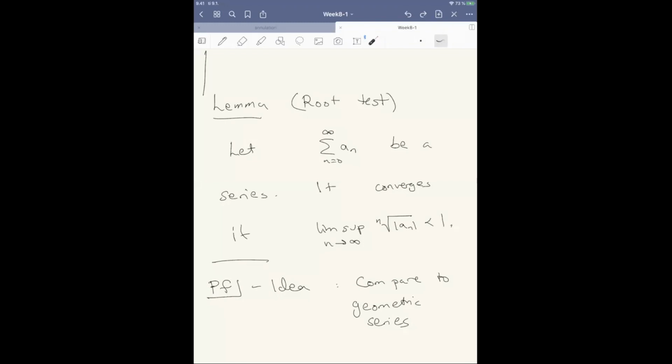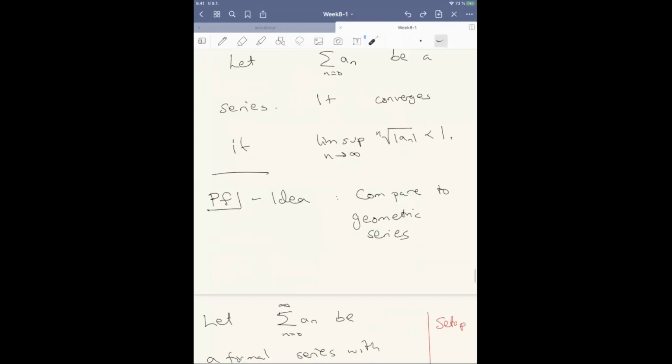Well, if we have that the absolute value of a_n to the 1/n is less than or equal to some b, then when you raise this to the power n, what you get is that the absolute value of a_n is less than or equal to b to the n. And this is the geometric series. So really this root test is hiding within it the geometric series test. So we'll see that more on Wednesday.